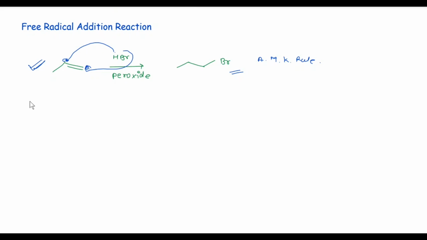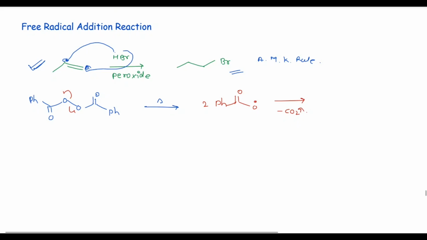Here we will take benzoyl peroxide, which on heating has this bond cleaved, forming two carboxylic radicals, which on decarboxylation give two Ph radicals. In the next step, this Ph radical abstracts a hydrogen radical from HBr, forming benzene plus a new Br radical.